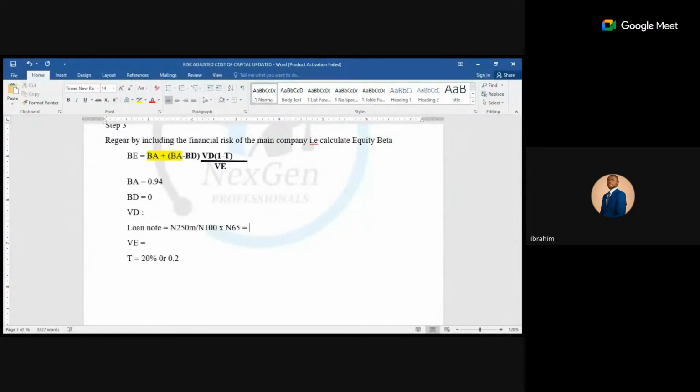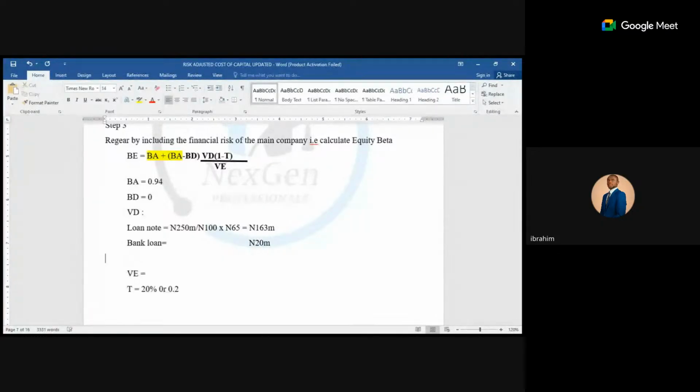So what is the loan note figure? 163 million. 163 M. Okay. Then the next one is the bank loan. So the market value of the bank loan is still the same thing as the figure given to you, which is 20 million.